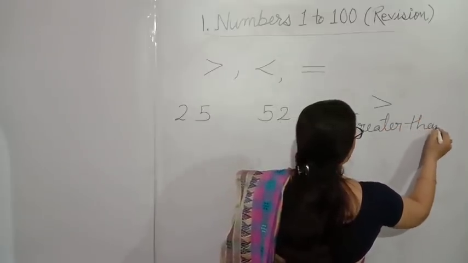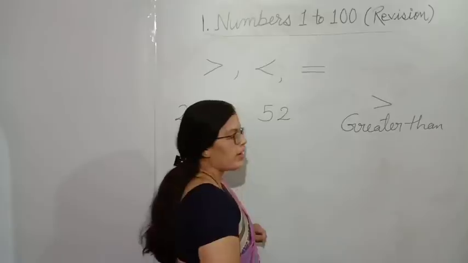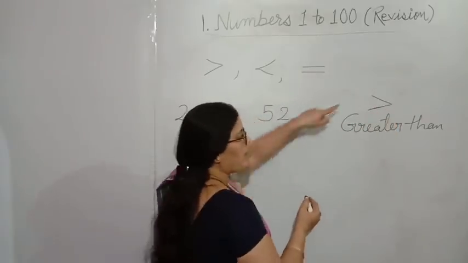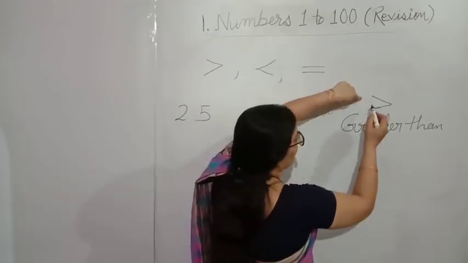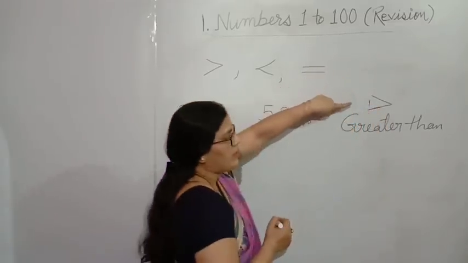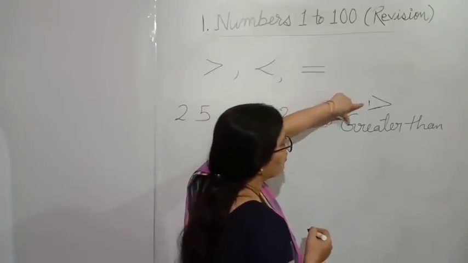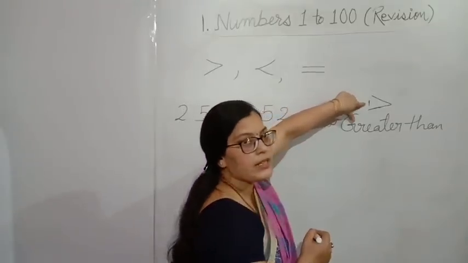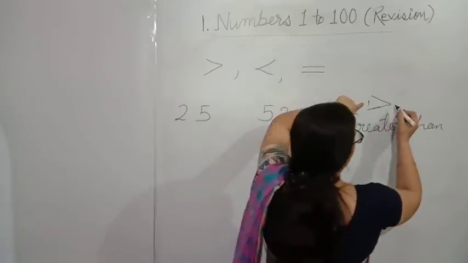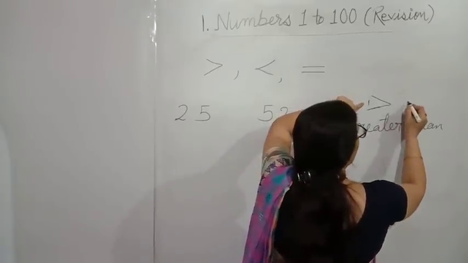In the greater than sign, the mouth of this symbol remains open towards the greater number and the closed part is towards the smaller number.